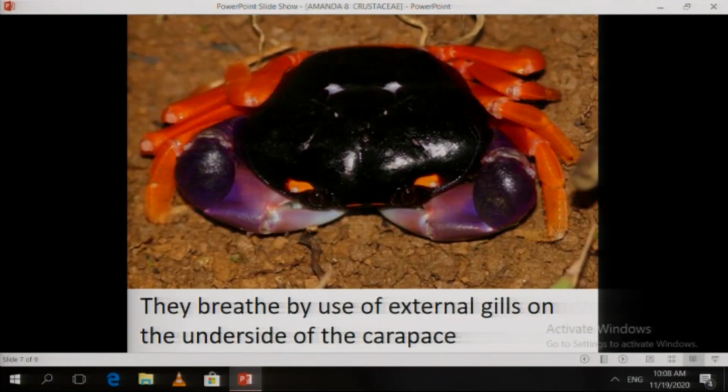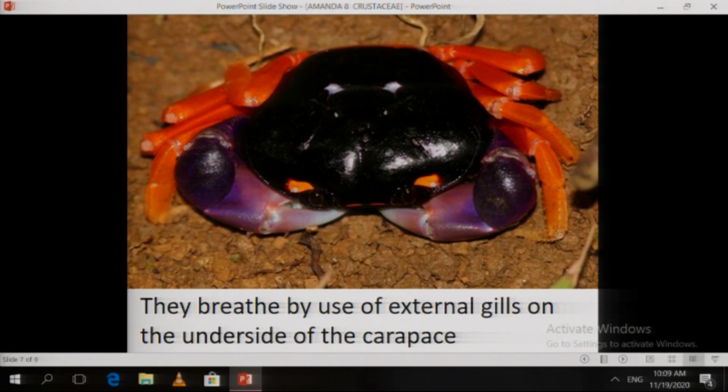Another characteristic of these animals in class Crustacea: everybody look on the screen carefully and see. You're seeing a shiny, kind of hard thing there, all right? Here on the screen is something very shiny and attractive.